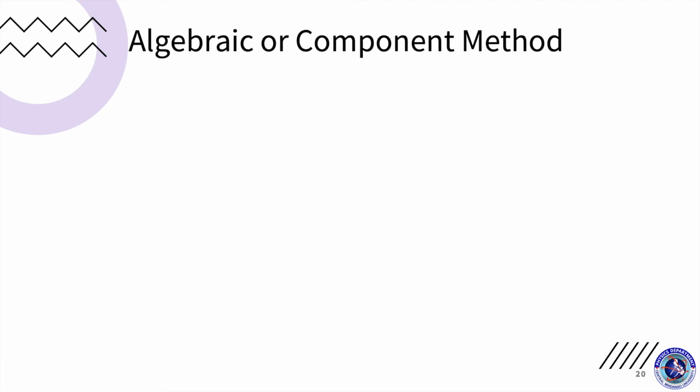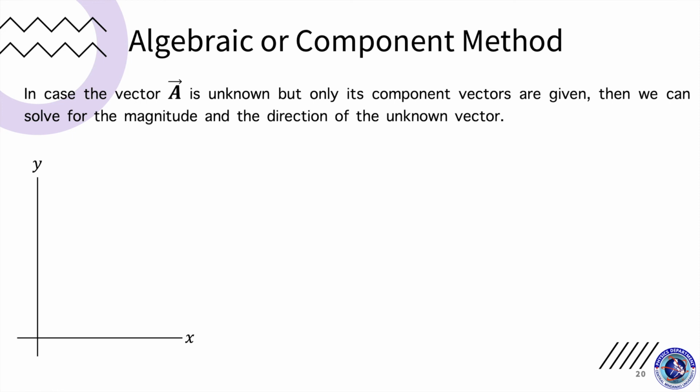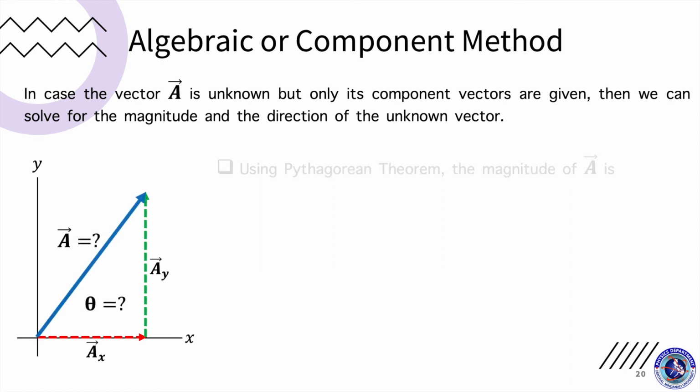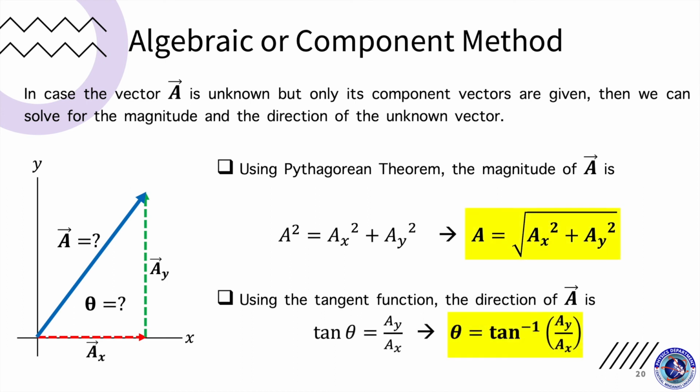So what if the components are given and you're to find the magnitude and direction of a vector? So it's the reverse. Again, I repeat, the components are given and you're to find the magnitude and direction. One way is to use the Pythagorean theorem for the magnitude and to use the tangent function for the direction, or the TOA.